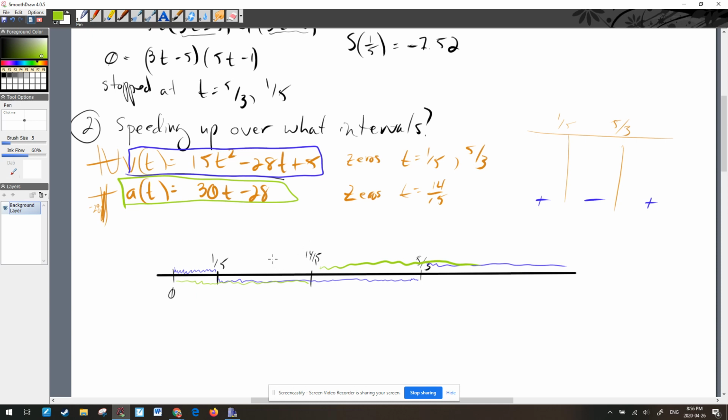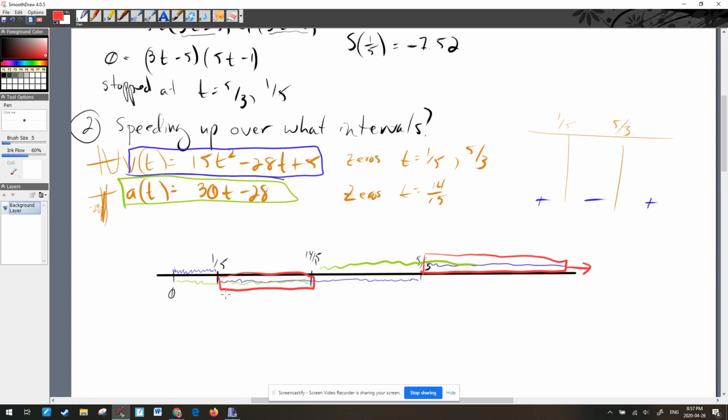Something is speeding up where the signs are the same. Let's choose this color for where it is speeding up. It is going to be speeding up from 1/5 to 14/15, and it is going to be speeding up from 5/3 on. Well, I don't need to put a cap on that because it keeps on going. So it's speeding up in that region.